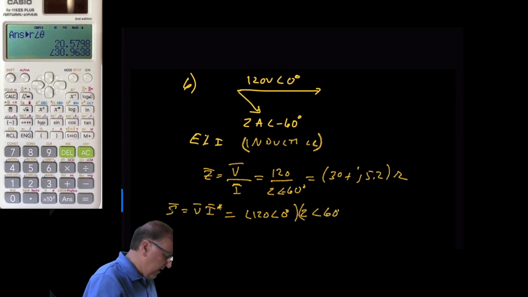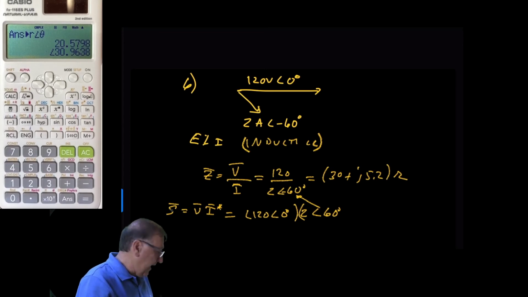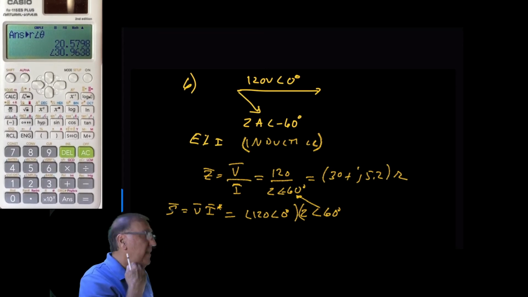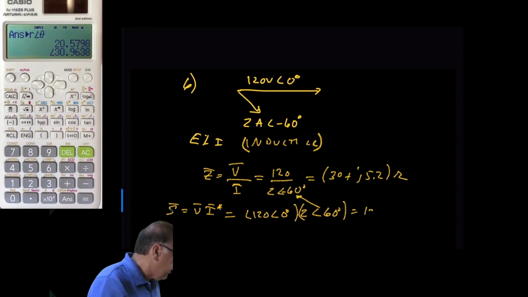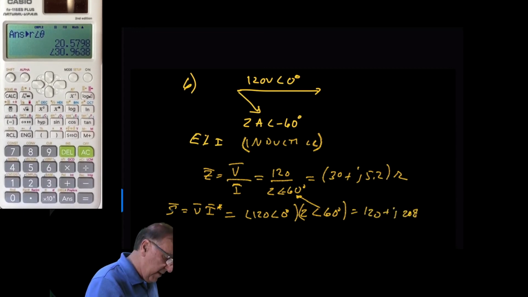And here's where we change the polarity of the angle. That's where the complex conjugate of the current comes in. The current was 2 at minus 60, but now as the complex conjugate, it becomes 2 at plus 60. And that equals 120 plus j208, and that's in volt-amperes.